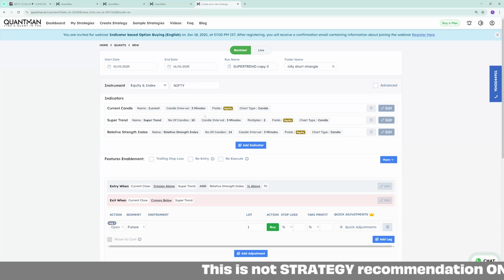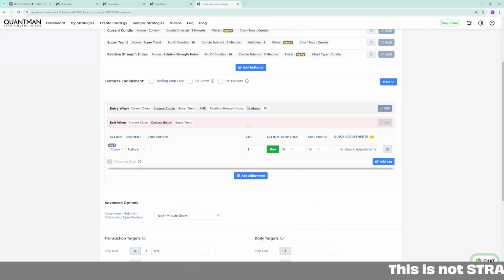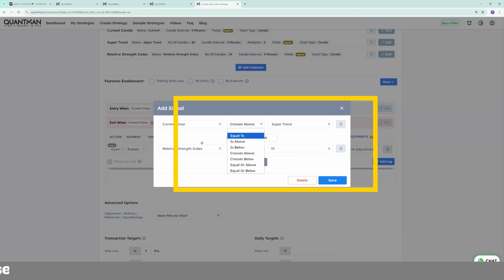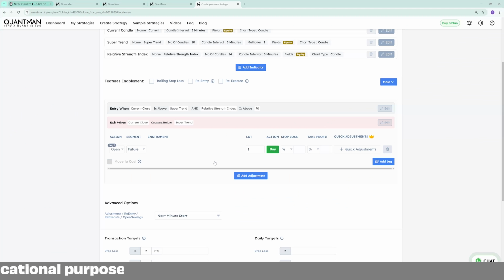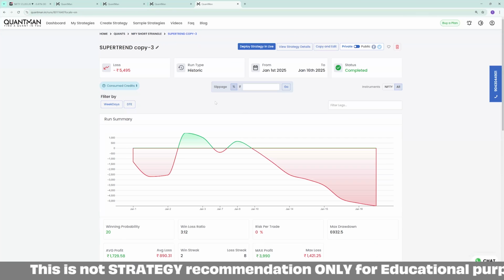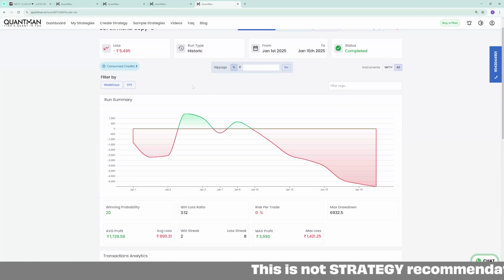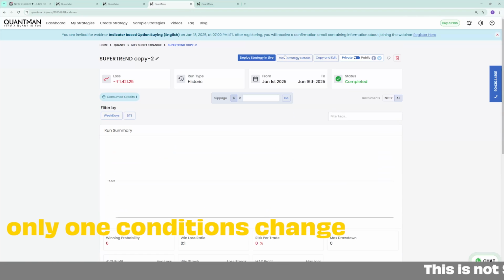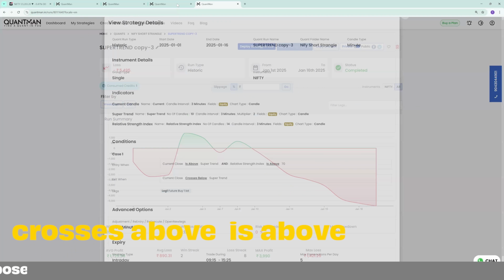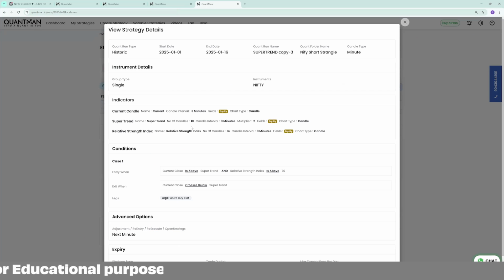So what I do, I modify the condition from crosses above to is above. Is above means the candles are on the condition. I change it to is above and do the backtest. For margin, you need to calculate on your own, sir. Okay, here only one condition changed, others are the same. Crosses above, is above, you can see here.